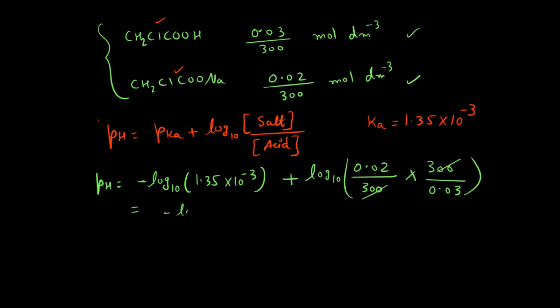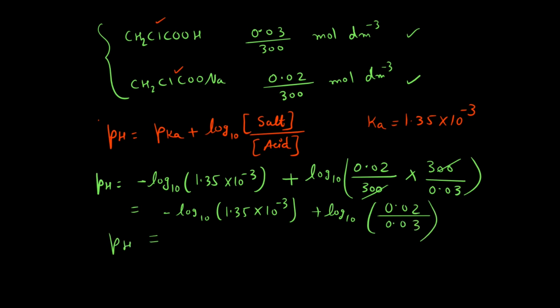So this is minus log to the base 10 of 1.35 into 10 to the power minus 3 and this will be plus log to the base 10 of 0.02 over 0.03. So this will give us pH equals 2.69, or we can say pH equals 2.7. So that is the answer.